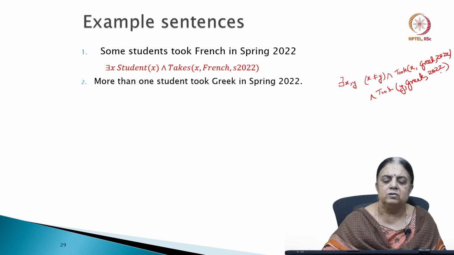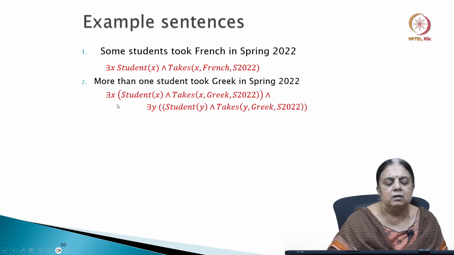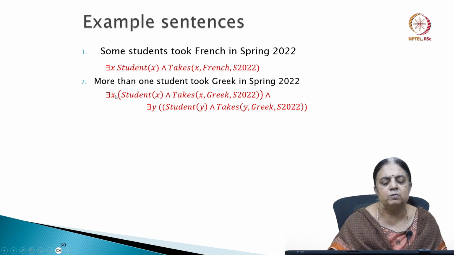So, this would be represented in this way: there exists X and there exists Y. I put it all together, but it is possible that you can put it separately also. There exists X, student X, and took X Greek in 2022, and there exists Y. You can also put these both together and say student X, student Y, and took.